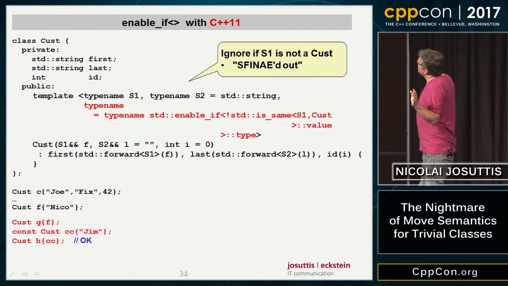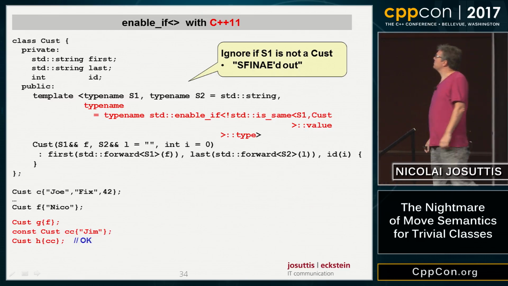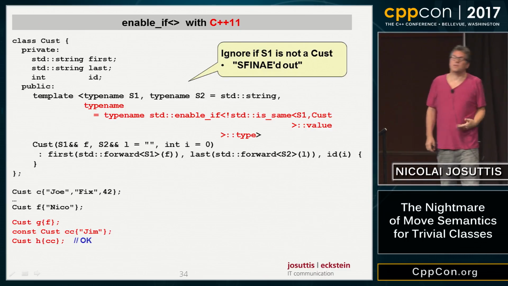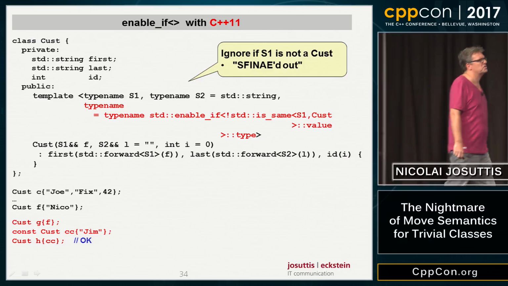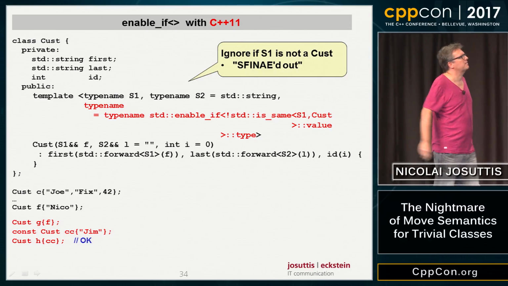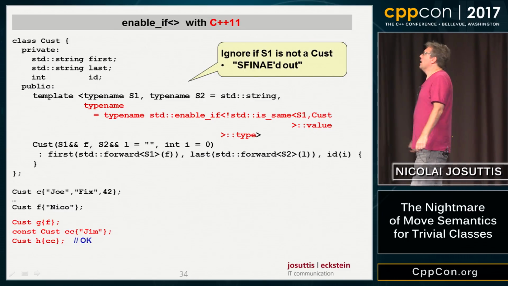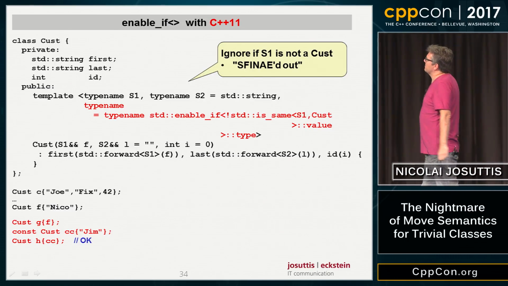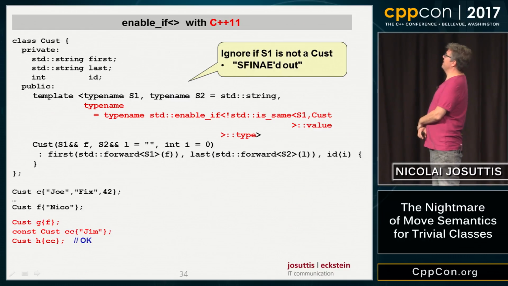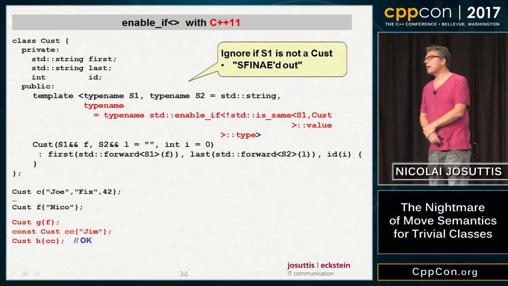So the way we can program that, since even before C++11, is with something like enable_if. But in C++11 we have standardized the feature, so we can use a standard enable_if with some tricky template techniques involved, which roughly means behind the scenes, enable_if checks whether S1 is the same as a type Customer, is true or false at compile time.